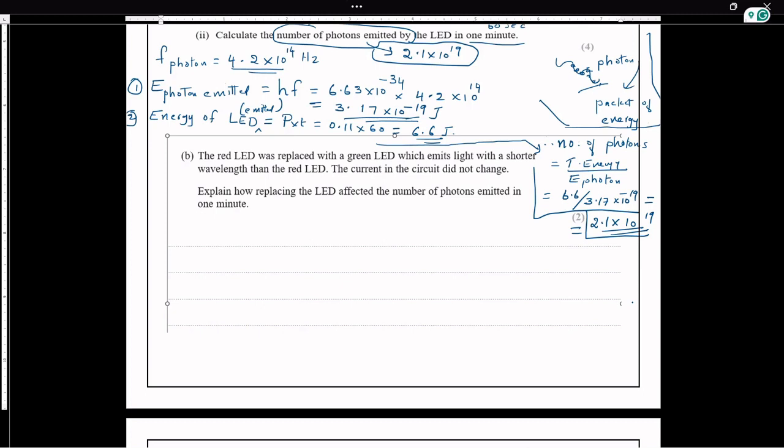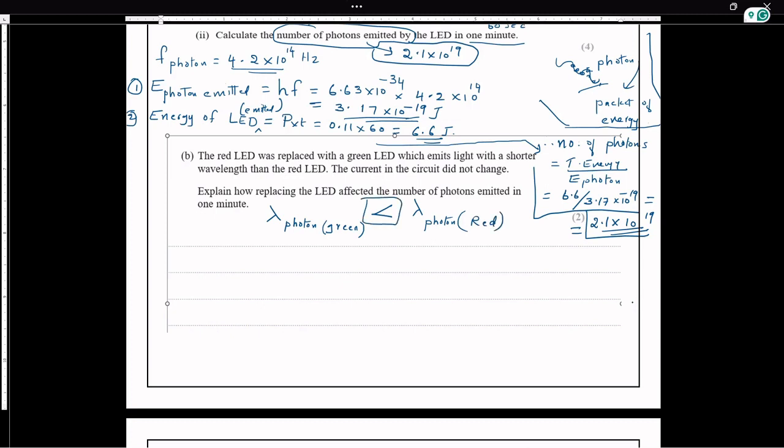So here we see that the wavelength lambda of the photon emitted by green is shorter than lambda of the photon emitted by the red LED. This is what is given as information.